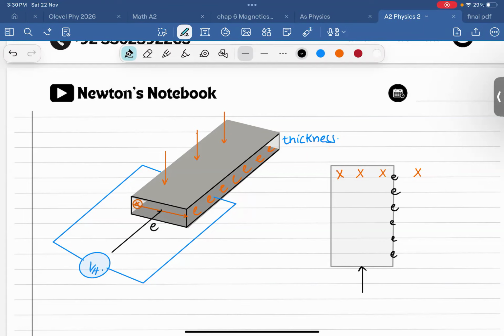And in return there will be the positive charges at the other end. So the magnetic field and the electric field are now perpendicular to each other, right?